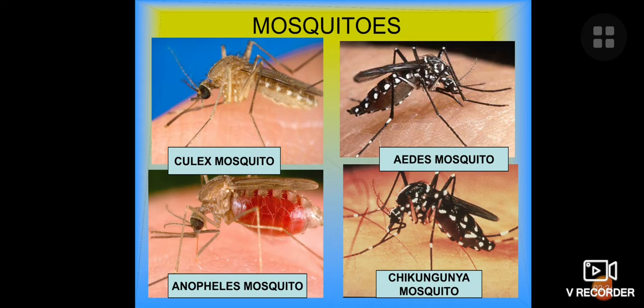Okay? Just look at this picture for some time and try to relate to the diseases it is causing in human beings. Yes, you are able to guess the diseases caused by these mosquitoes.